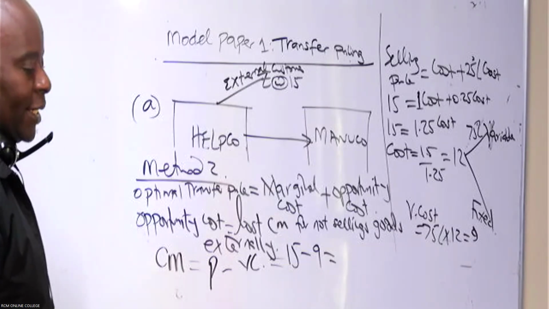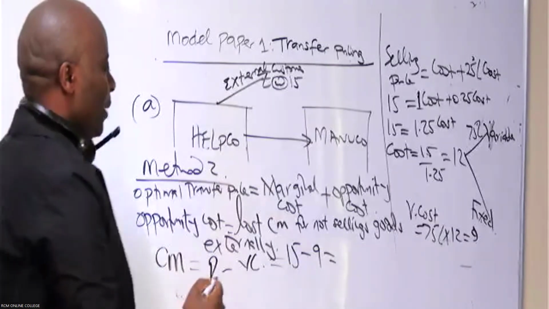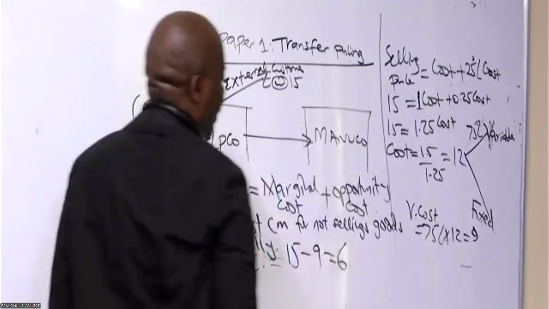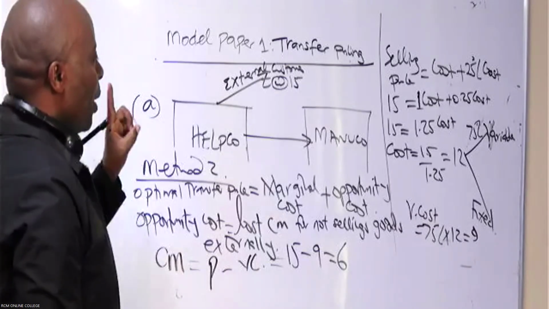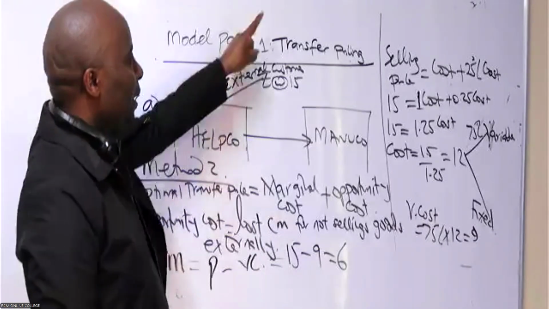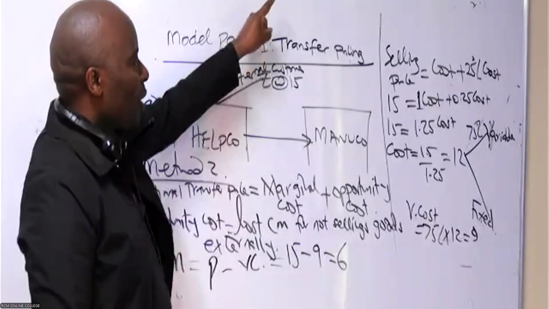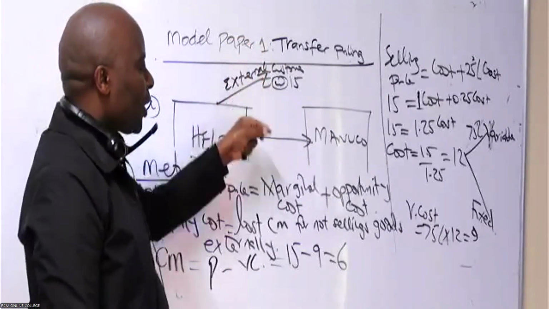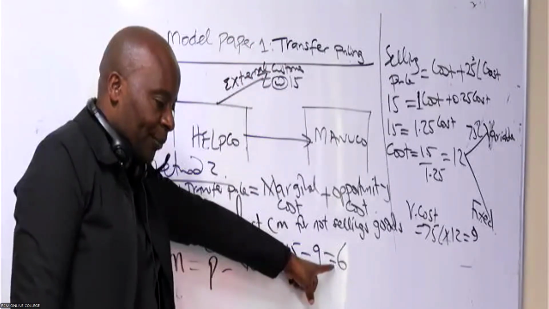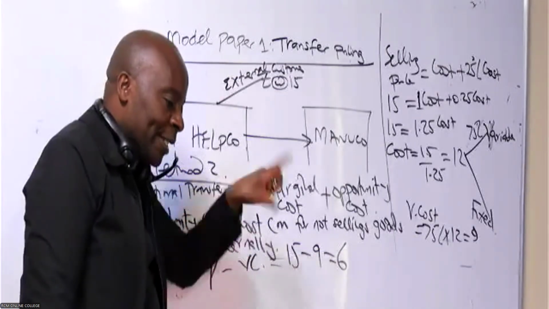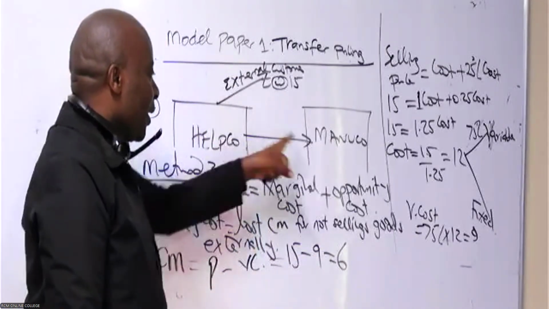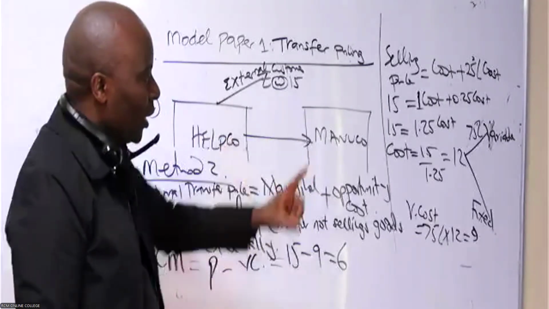So 15 minus 9 gives me 6. For any sales that I divert from external customers, I shall be losing this much. So this figure must be compensated to me by this department, which wants me to sell goods to them internally.